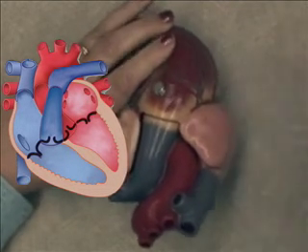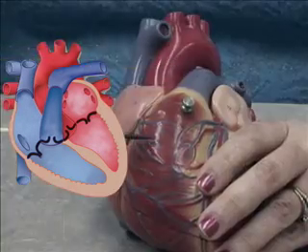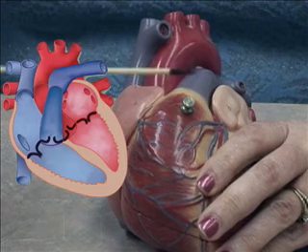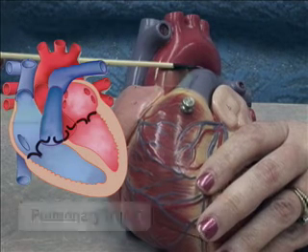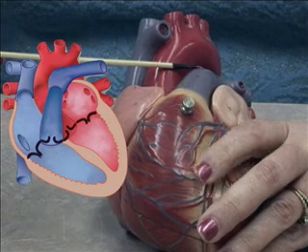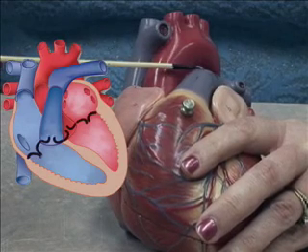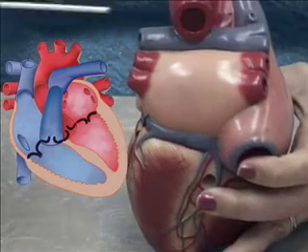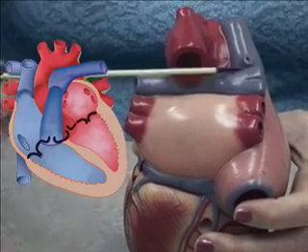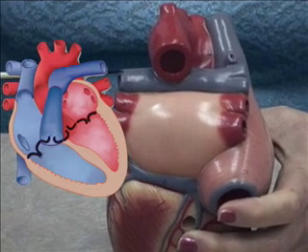The large blue vessel that's coming up just to the left of that is coming out of the right ventricle. This is the pulmonary trunk. The pulmonary trunk is an artery that's carrying blood to the lungs. In the back of the heart, that pulmonary trunk splits off into two pulmonary arteries that go to the right and left lung.